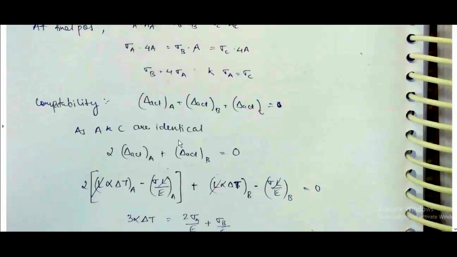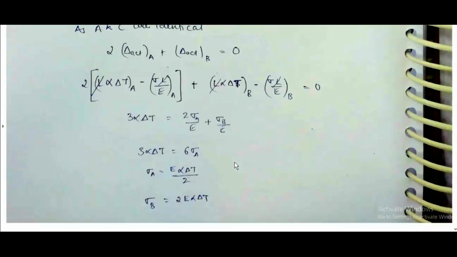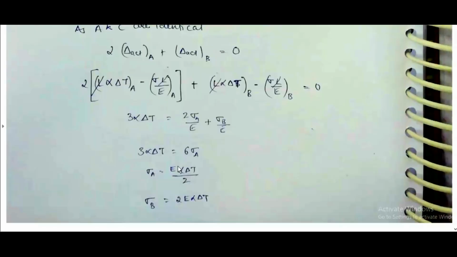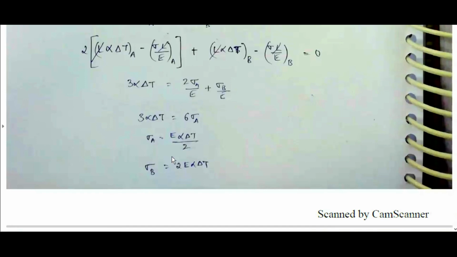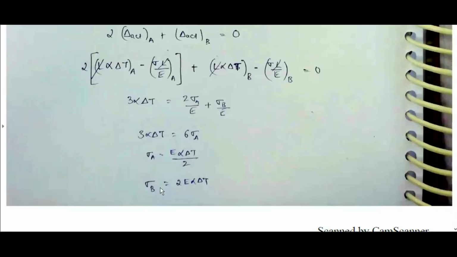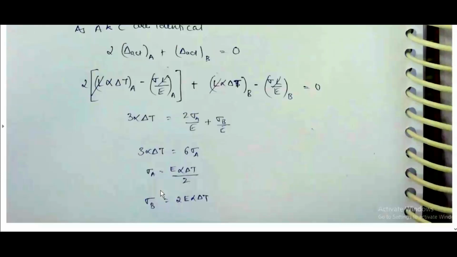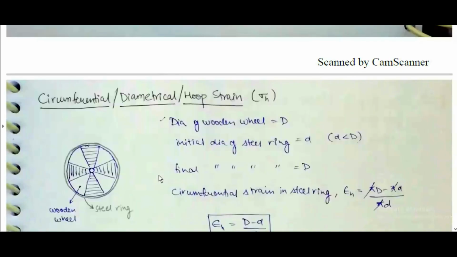As A and C are identical, 2 delta actual A plus delta actual B is equal to 0. Sigma A is equal to E alpha delta T by 2. Sigma B is equal to 2 E alpha delta T.